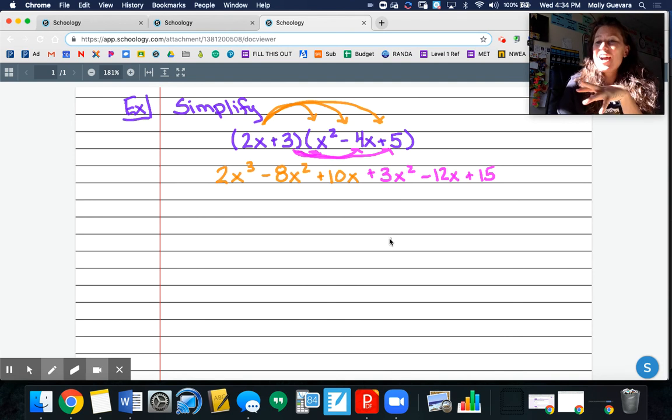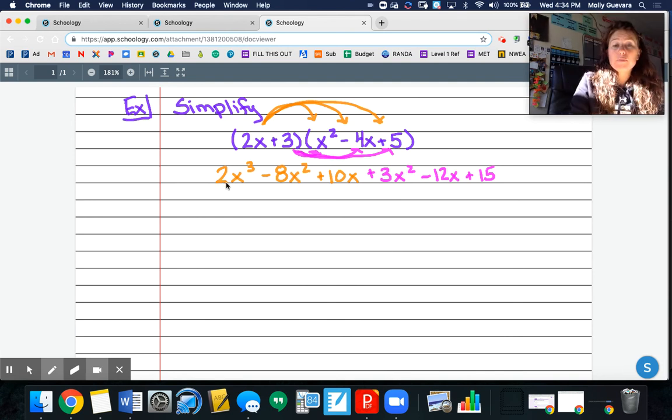So now my final thing is to just combine like terms. So I have a 2x cubed, but I have no other x cubes. So that is just going to stay 2x cubed. There's nothing else I can do with that. Then I have a negative 8x squared and then a positive 3x squared. So when I combine those, I get negative 5x squared.